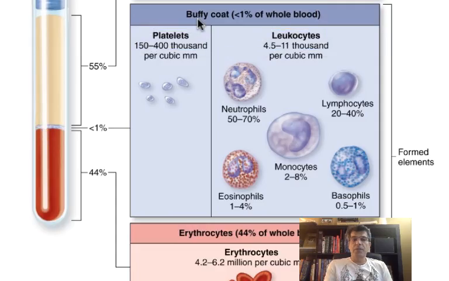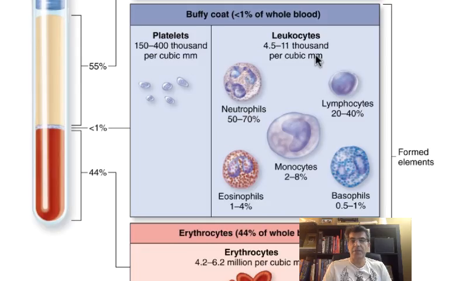I think it's important for you to know the number of the red blood cells and the number of white blood cells and platelets. As you can see in this picture, you have 150 to 400,000 platelets per cubic millimeter or microliter. You have between 4.5 to 11,000 white blood cells per cubic millimeter or microliter.